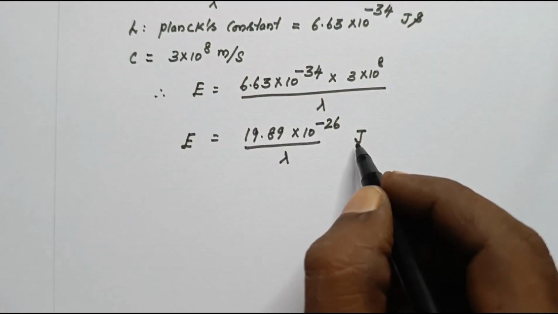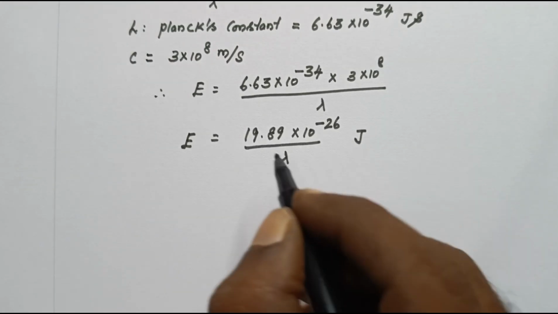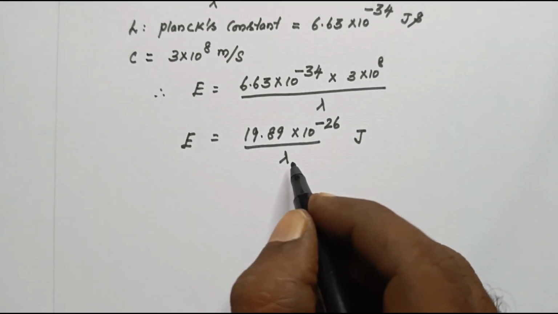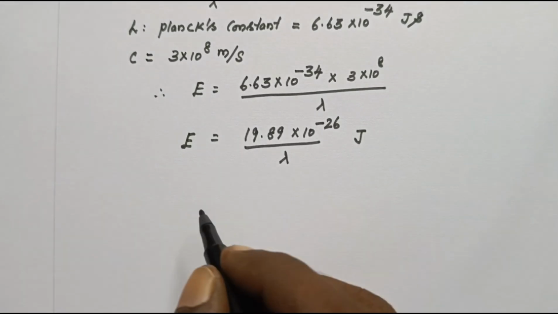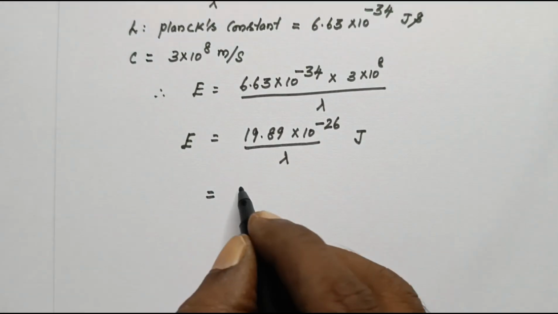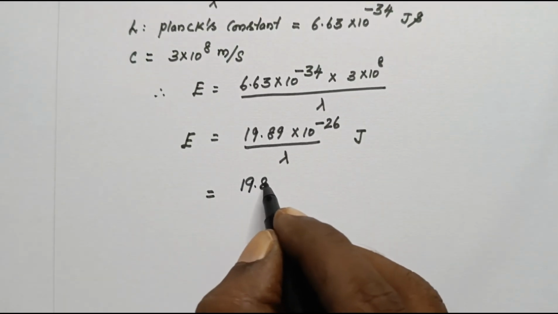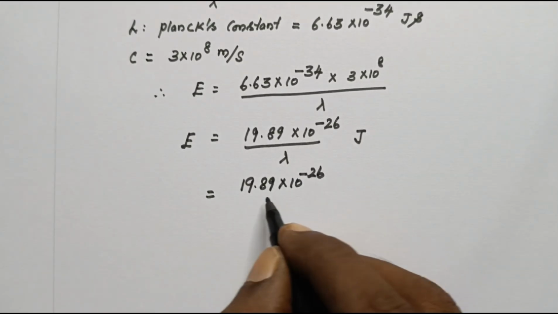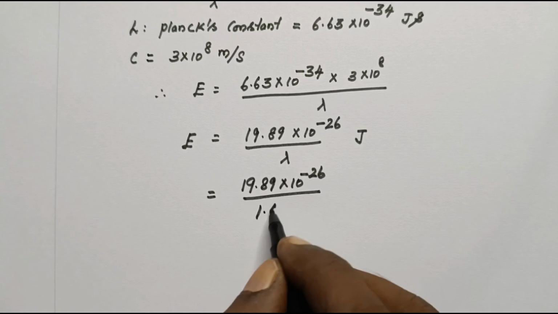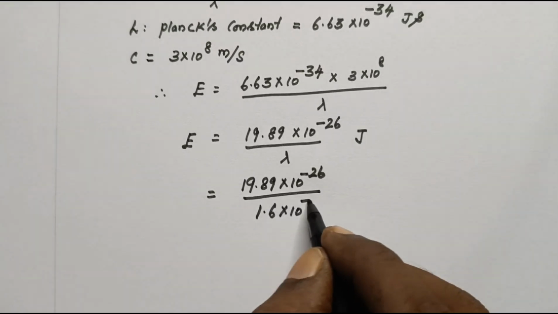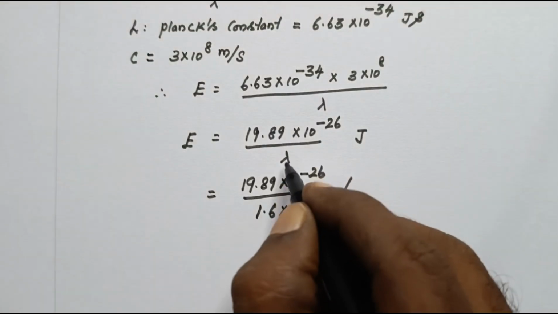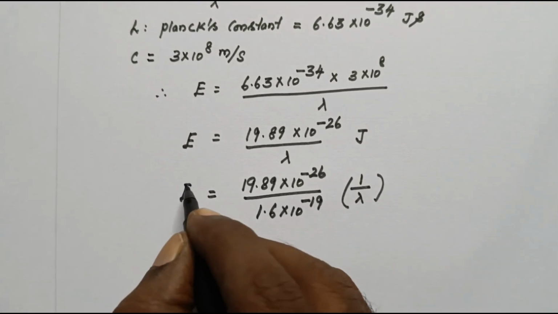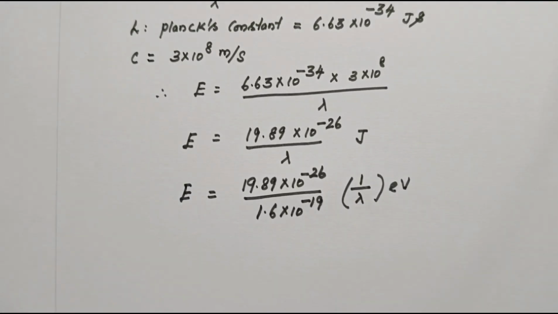This can be converted to electron volt by dividing this by 1.6 into 10 to the power minus 19. That is the charge of the electron. If we divide 19.89 into 10 to the power minus 26 by 1.6 into 10 to the power minus 19, with 1 by lambda, we will get the energy in electron volt.